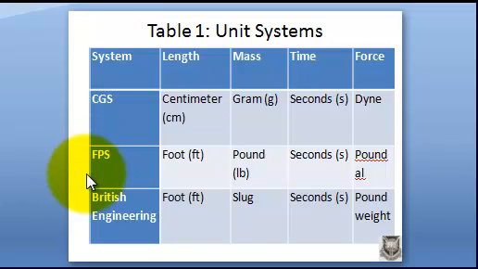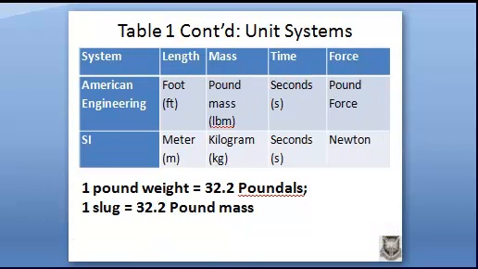Row 3 expresses same for British engineering. And as it continued, the next row has to do with American engineering, and the last row, SI units. It should be of note that 1 pound weight equals 32.2 poundals, and 1 slug equals 32.2 pound mass.